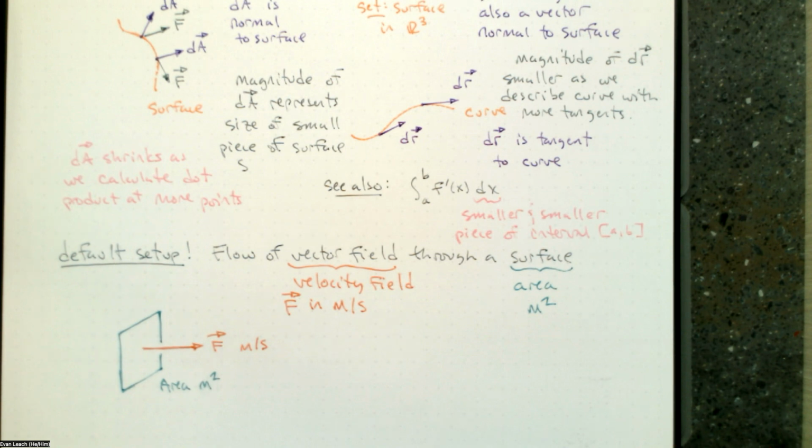This will be the amount of flow that we see, the volume per second through the area.